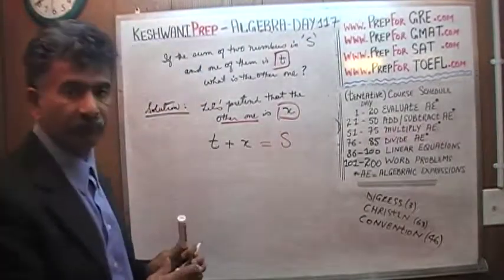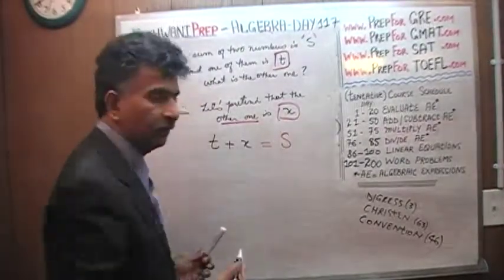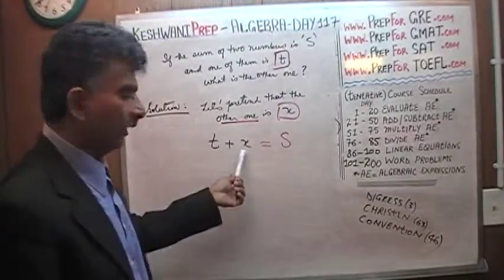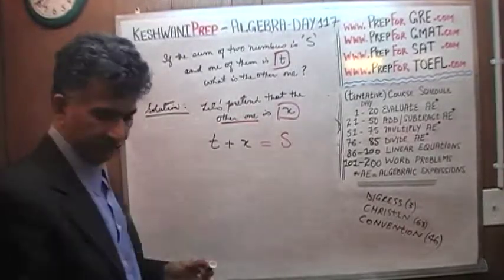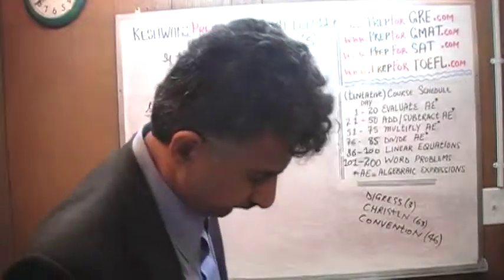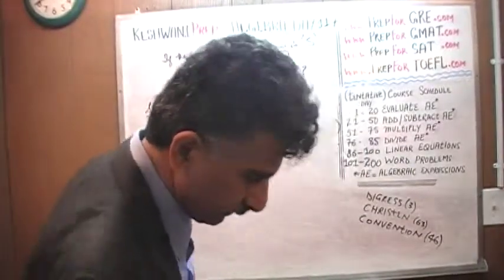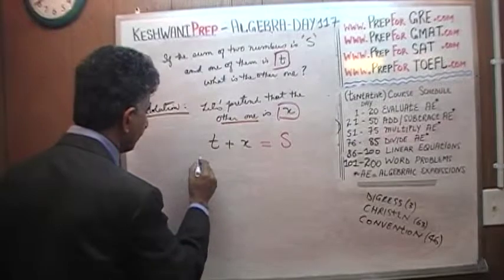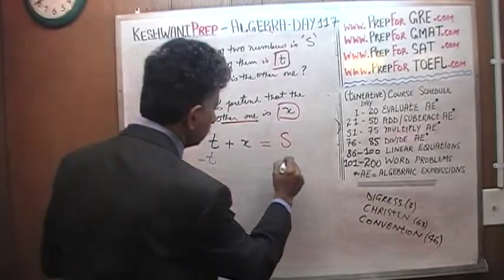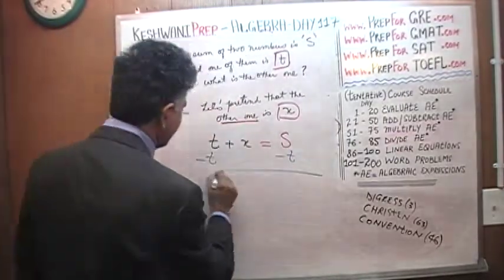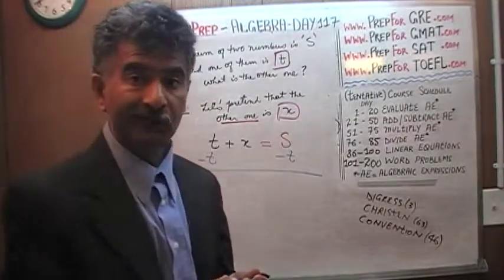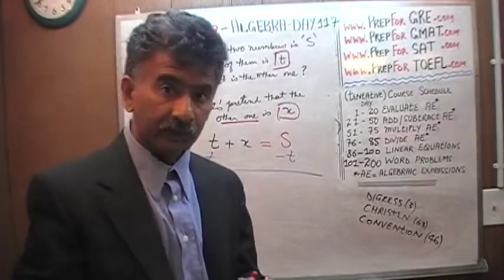So now it's quite straightforward. We just want to find out what X equals. How do we get X by itself? By subtracting T from both sides of the equation.